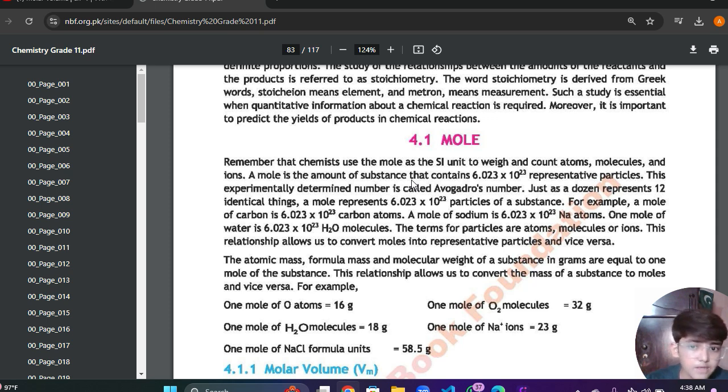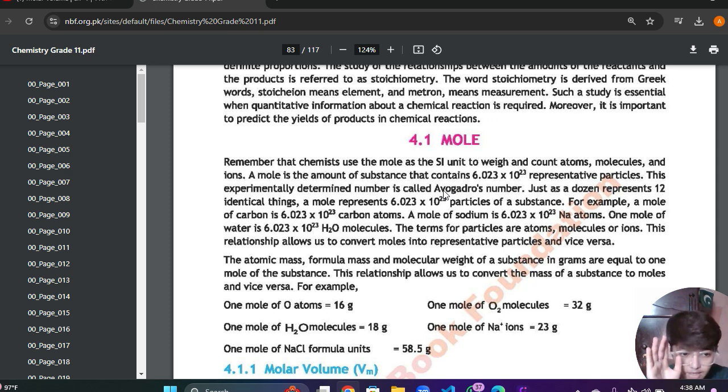Now, this experimentally determined number is called Avogadro's number. Now, what is Avogadro's number? If you haven't studied it yet, let me just clear it to you. Basically, Avogadro's number simply clarifies a number of 1 mole, a value of 1 mole that is constant.